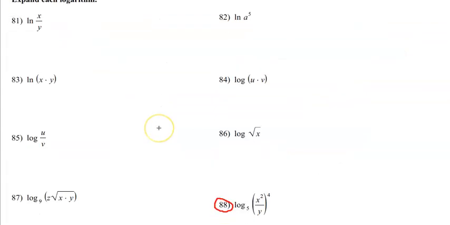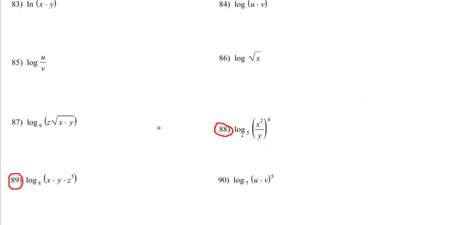So let's look at number 88. We're going to expand this expression, log base 5 of x squared over y to the 4th power. The first thing we could do is use our power rule to move that 4 to the front.